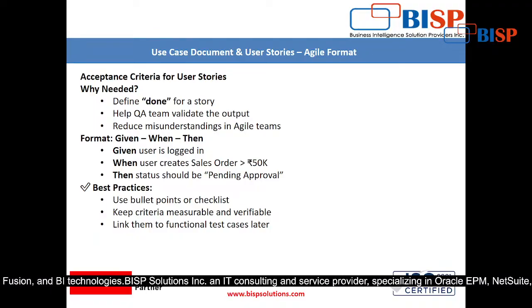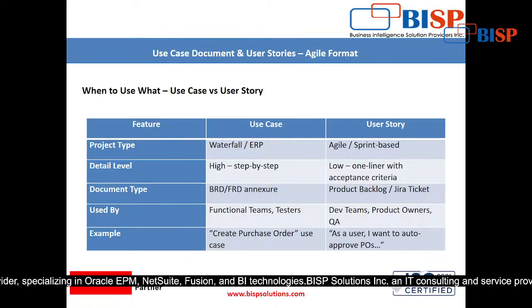The development team will develop the things and then mark it as done, with this user story and these acceptance criteria. This is the criteria given, what was given, and what the conditions were, if else whatever the conditions, and what the status was. And best practice is writing everything in bullet points.